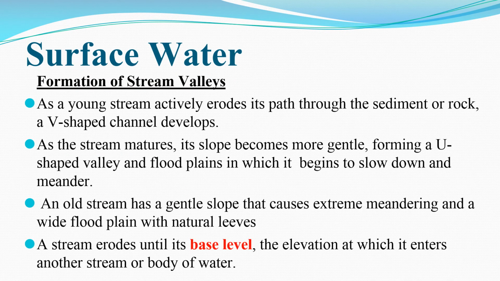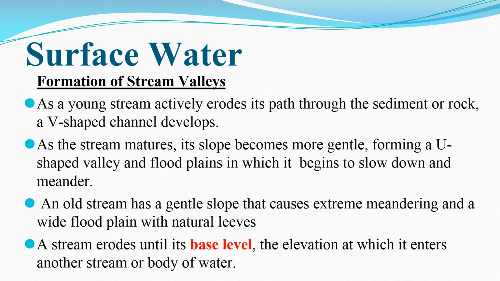So the formation of stream valleys. As you see here on the slide, it states that as a young stream actively erodes its path through the sediment of rock, a V-shaped channel develops. Then if you go to the next one, as it matures, it goes into a U-shaped, because it begins to slow down and meander.